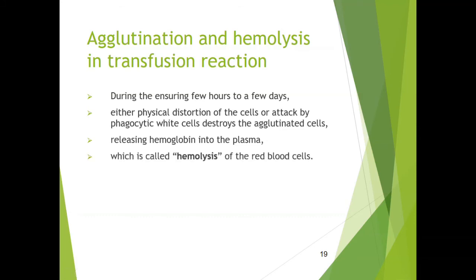The indirect effect is initiation of the complement system, a complex of 20 proteins that works in a cascade manner and may result in the formation of the membrane attack complex that causes lysis of the red blood cell, which is called hemolysis. This is also discussed in this slide.